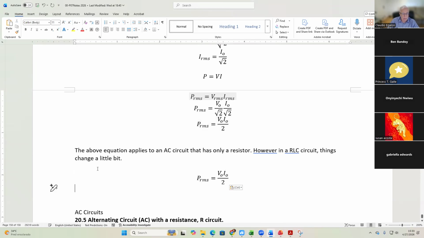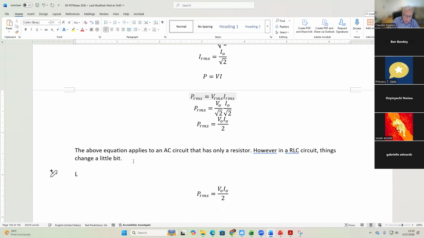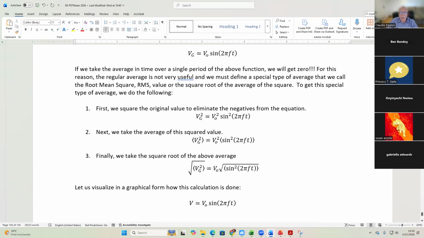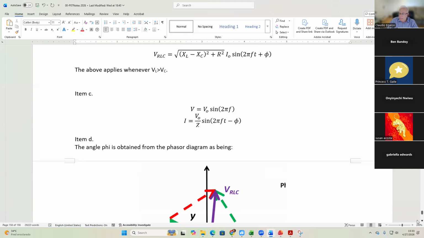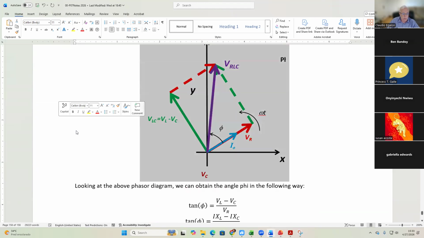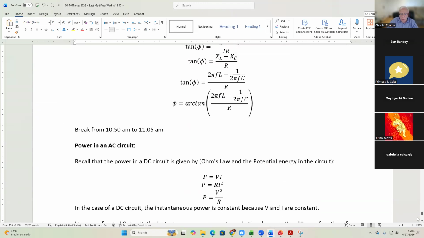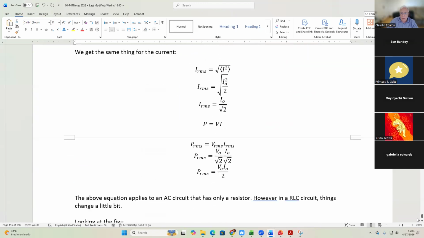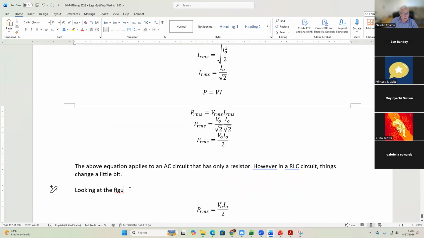Things change a little bit. Let me copy and paste the figure here. Looking at the above figure, we have the following.